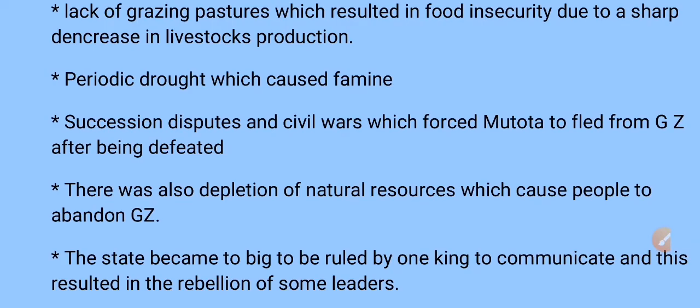Ndinzwe hama dzangu ndati kuti utsanangura the origin of the Great Zimbabwe unoburitsa matheory mairi, the Afrocentric theory and the European theory. So ndiri kutsanangura the Afrocentric theory.